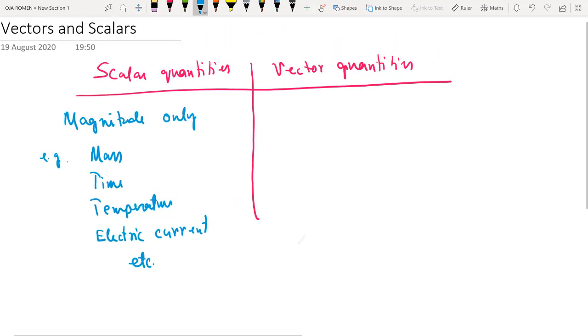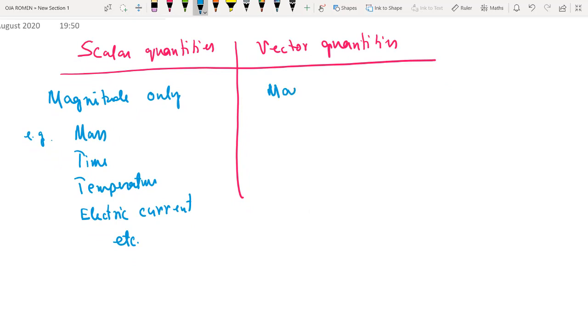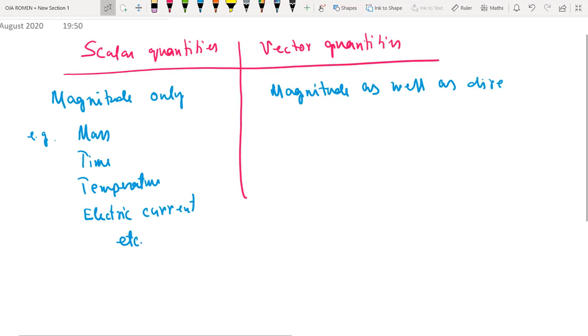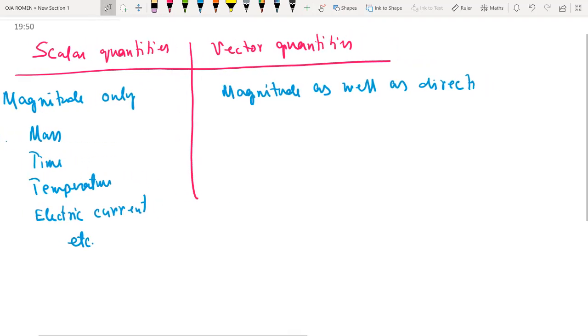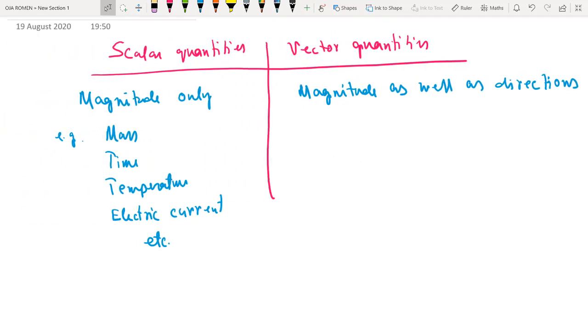While vector quantities are those quantities having magnitude as well as direction. So those quantities having magnitude as well as directions are known as vector quantities.